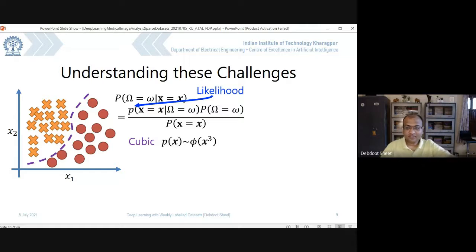Now if I ask you, how can you tell that this will be a cubic equation? I just drew a line, but looking at this line, how can you tell that this is a cubic equation? Can somebody tell me? Just by looking at this line, how can you tell that this is represented by a cubic equation?